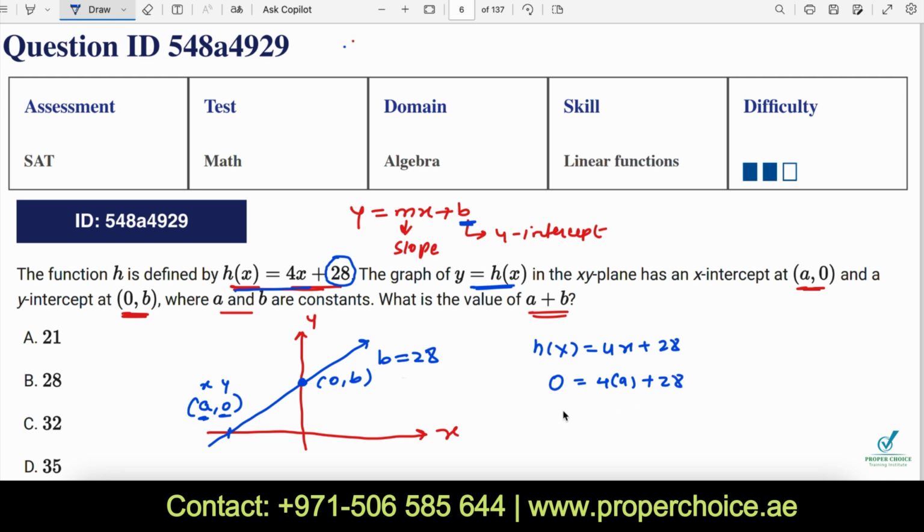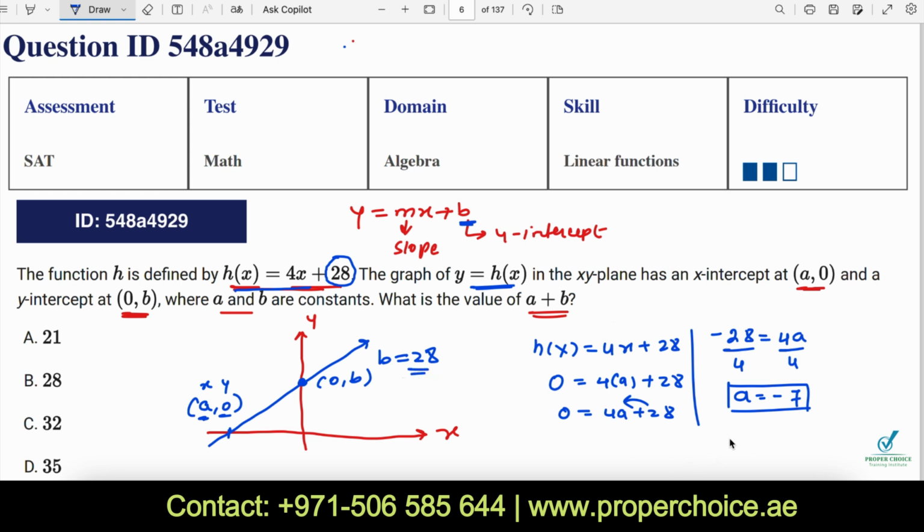Rearranging, negative 28 equals 4a. Divide by 4 on either side, and the value of a is negative 7. So the value of a here is negative 7 and b we already found as 28.